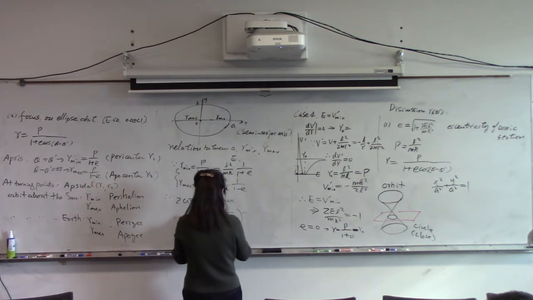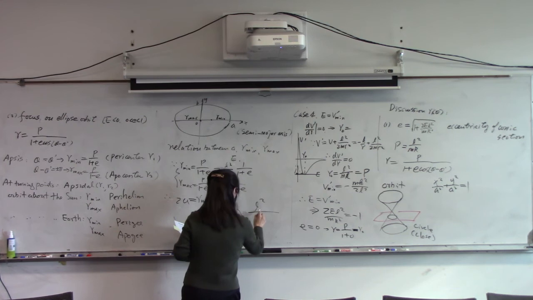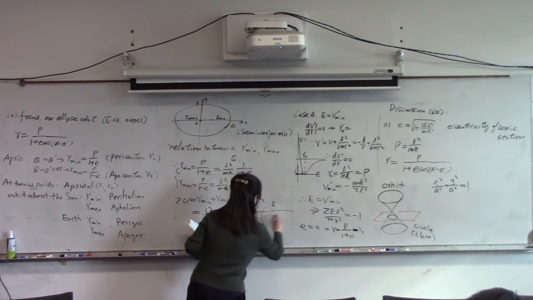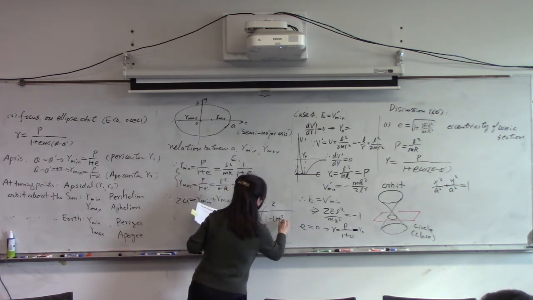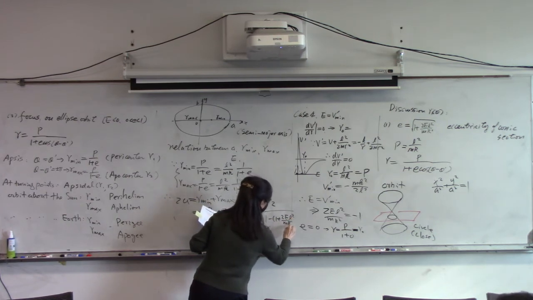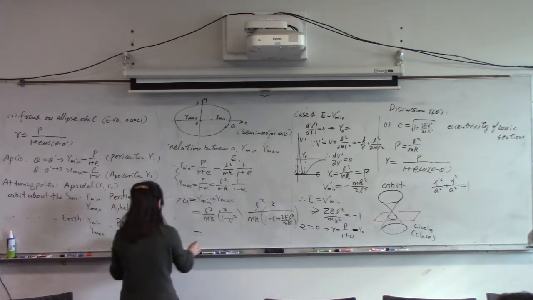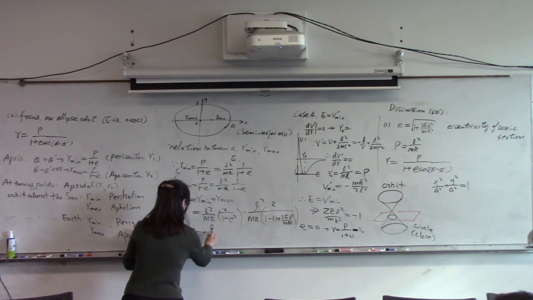Let me write down the intermediate step. Then you cancel terms and find it very simple. A is minus K over 2E.